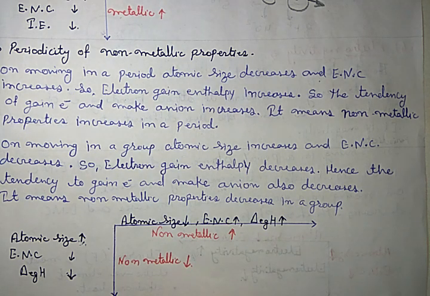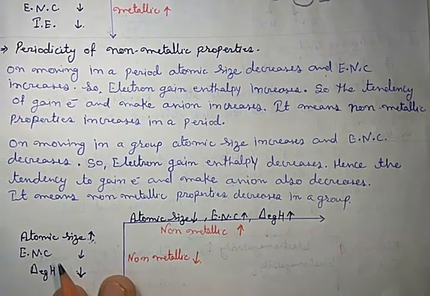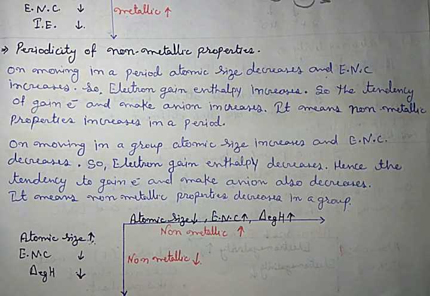An increase in delta EGH indicates that the tendency to gain electrons and make anions increases. It means non-metallic properties increase in a period.